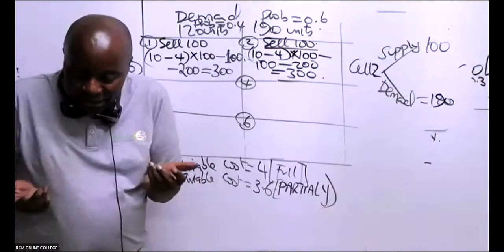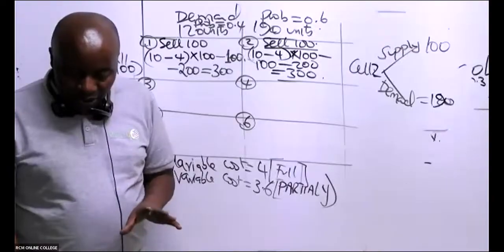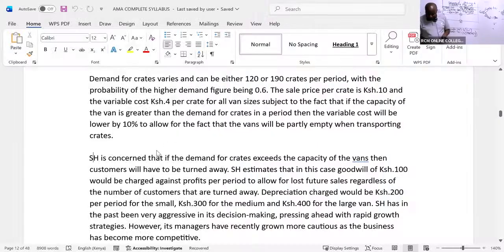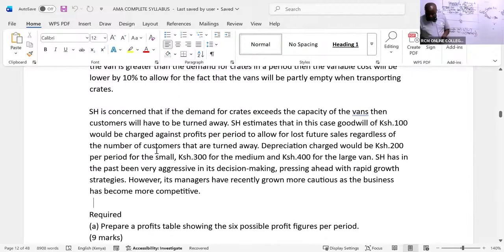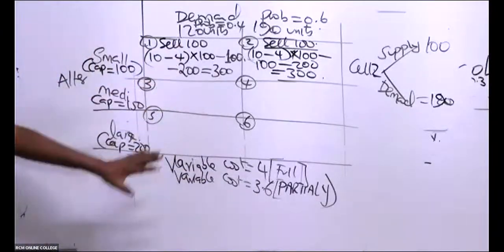So long as you disappoint any customer, the goodwill lost will always be constant at 100. The question says that if the demand for crates exceeds the capacity of the vans, then customers will have to be turned away, and goodwill of Kenya shillings 100 will be charged against profits. So even if you turn away 90, the goodwill lost will be 100.